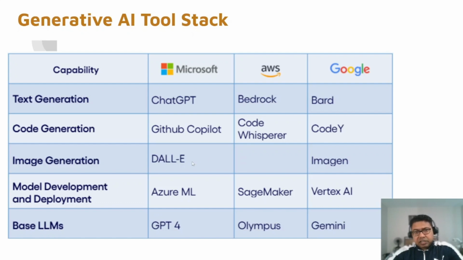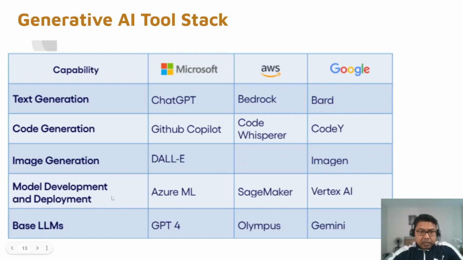For image generation, there are DALL-E and Imagen. There are a few others. I think Stable Diffusion is there, and Midjourney is there, but they are not from these three companies. Those are very popular though, like Midjourney is very popular, for generative AI image generation.